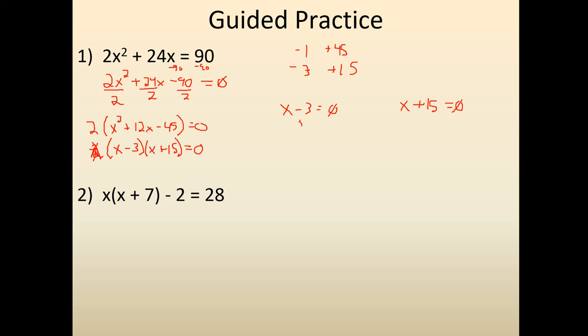Again, minus 3, so I'm going to add 3 to both sides, and I get x equals 3. And over here, I subtract 15 from both sides, and I get x equals negative 15. So my solution would be negative 15 and positive 3.